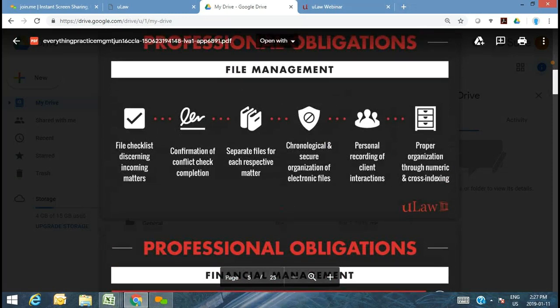Okay, so file management is all about, once I've created that matter, making sure that I have the right steps and process in place in my legal firm to manage that file, right from a checklist of, I would say, things that need to be accomplished before a file gets created, and once it has been created, a set of things that need to be taken care of to ensure the sanity of that file.